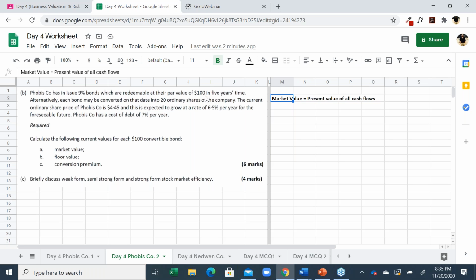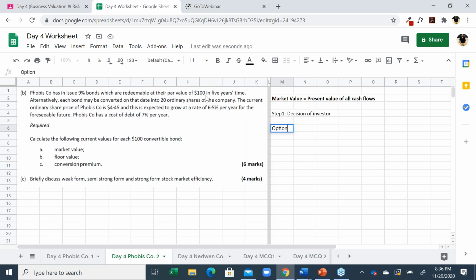So in case of a convertible debenture or loan note, we have to first find out the decision of the investor, what the decision of the investor is most likely to be, right? So what are the options available for the investor?